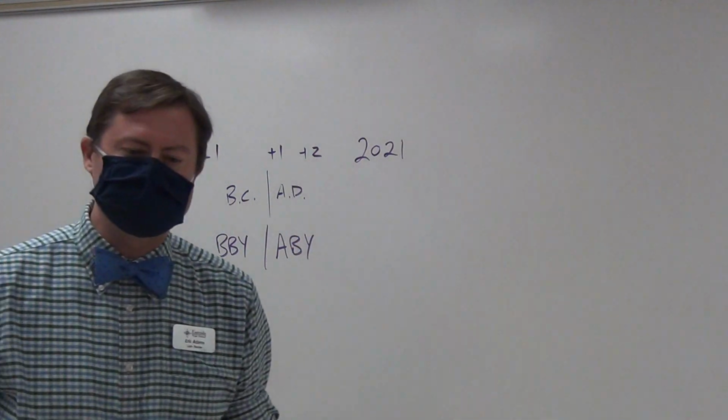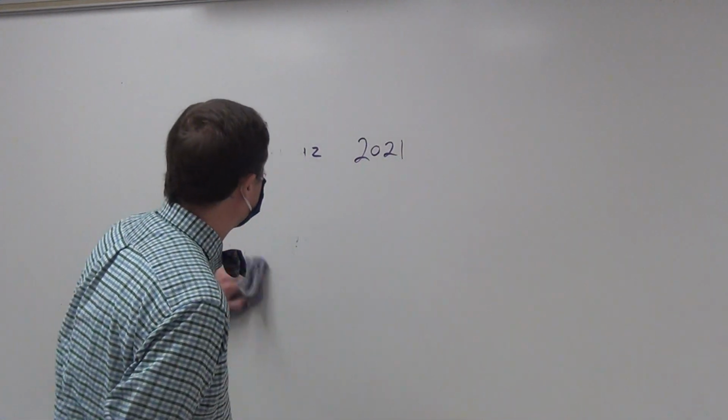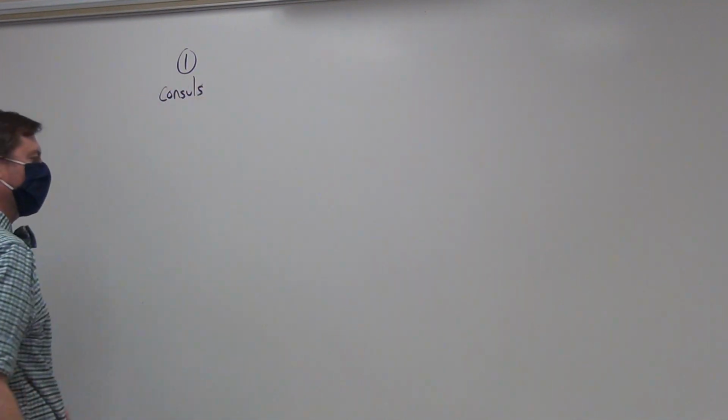So let's talk about the ways in which the Romans would have kept their dates. It is two ways. And as always, there's going to be 3 embedded items within this video that will help you, obviously, by getting a free 100. The way number 1 that they would be able to date is by saying the particular year that the consuls ruled.